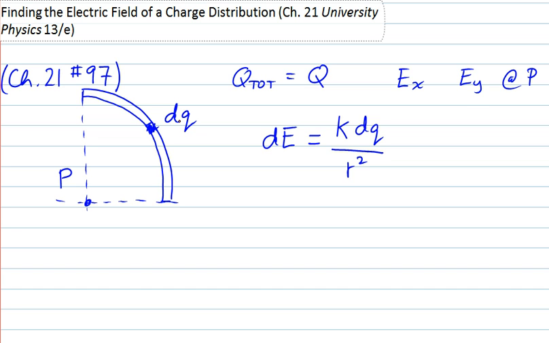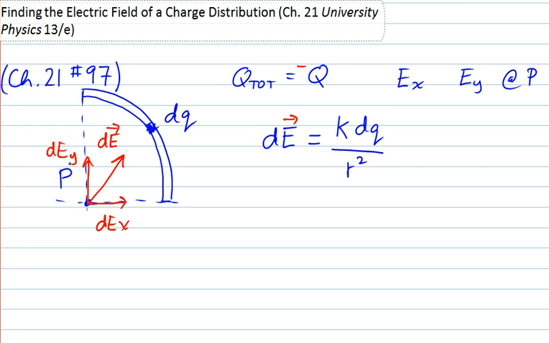I believe we're given that the charge is negative, so if we're looking at the origin, a positive test charge would experience a field or a force towards dq. We'll call that dE, and then we're also going to have to calculate dEx and dEy.